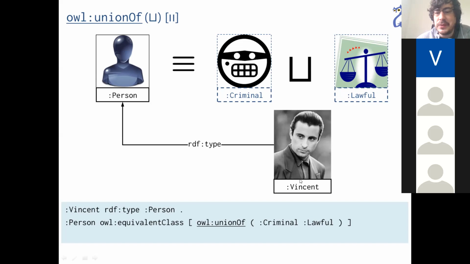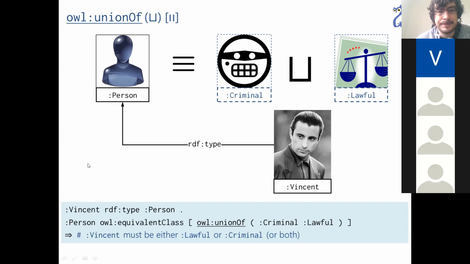So in this case, we know Vincent is one of them, but we don't know which. So there's no real nice way to write that down. There are ways to write this down in RDF, right? We could say that Vincent is either criminal or lawful, but often, although we can't really write something down, this might be useful information for us later. We might be able to figure out which one Vincent is, or we might be able to use that for other types of inference.